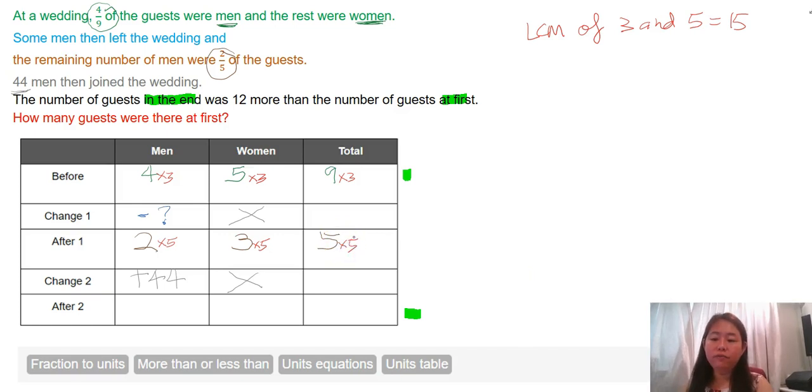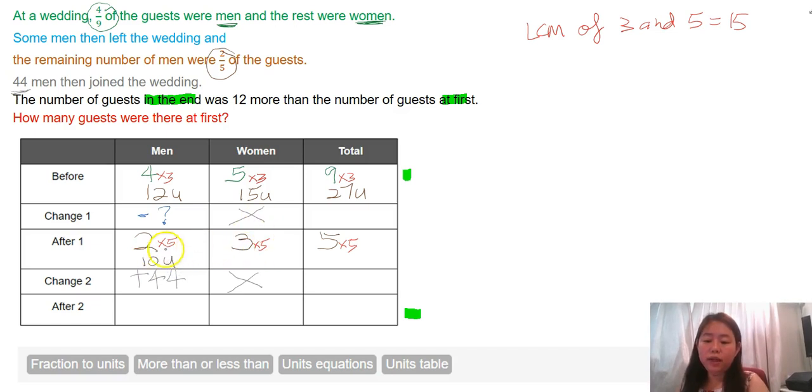So after we have multiplied them, we'll realize that the men here is actually 12 units. The women here is actually 15 units. Total is actually 27 units. Here it is 10 units.